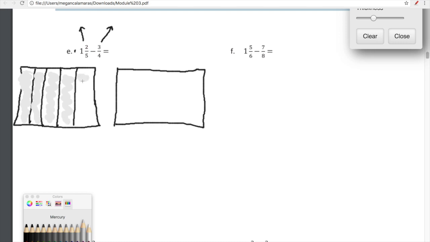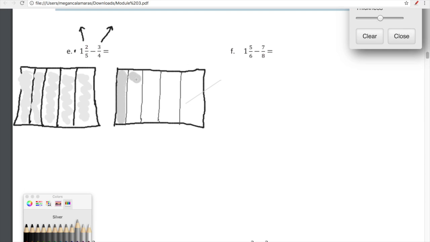And then we need to also divide this second rectangle into 5 equal pieces using vertical lines. 1, 2, 3, 4. We'll pretend that those are equal. And in the second rectangle, we're going to shade in just 2 of our fifths.